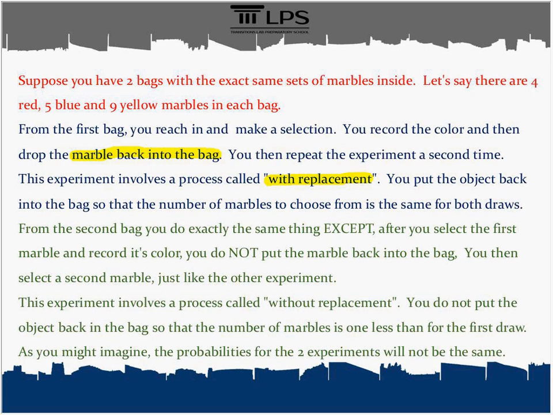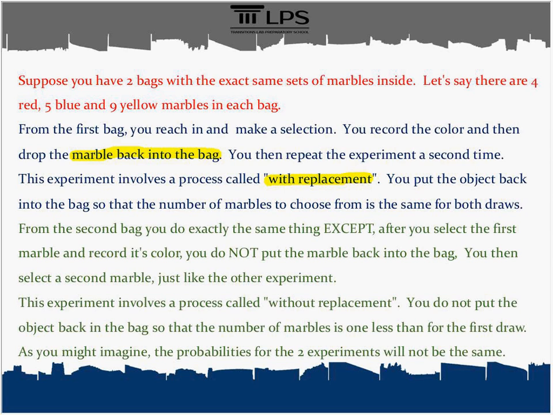Now, what's happening in the second one, which is in green, is that there's a little change. From the bag, do exactly the same thing, except after you select the first marble and record its color, you do not put the marble back into the bag. You select a second marble.